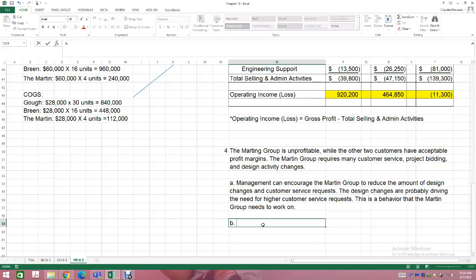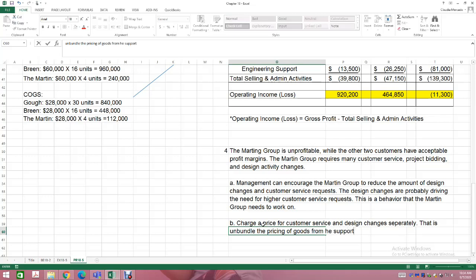Or what I would recommend to management would be to charge a price for customer service and design changes separately. Okay, so that is, unbundle the pricing of goods from the support services.